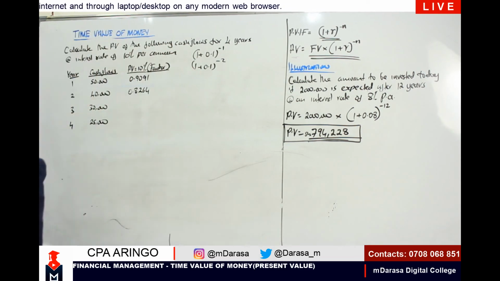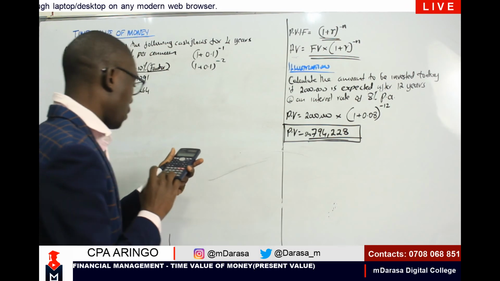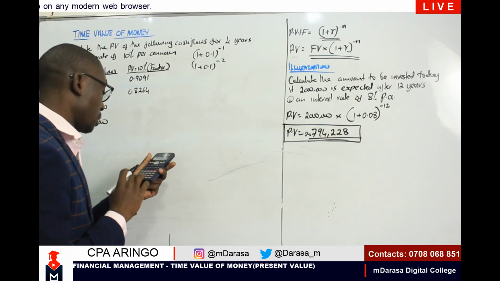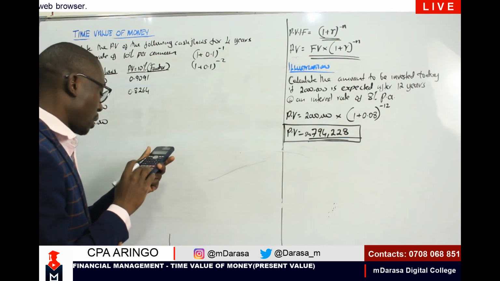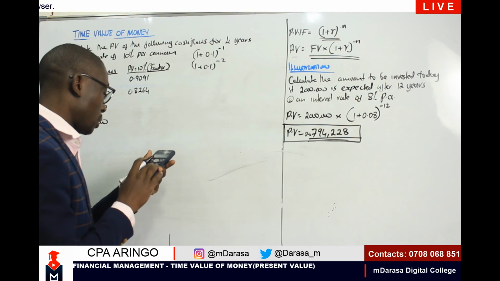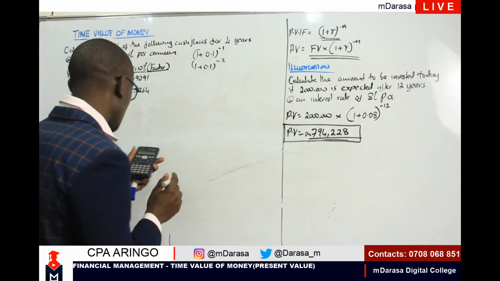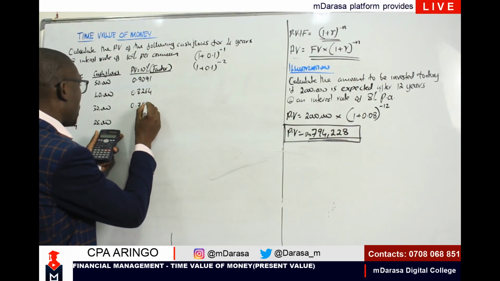Then the third one, we're going to talk of 1.1 raised to power negative 3 this time around, right? So that should give us 0.7513.